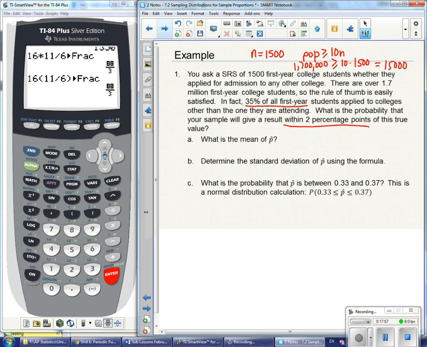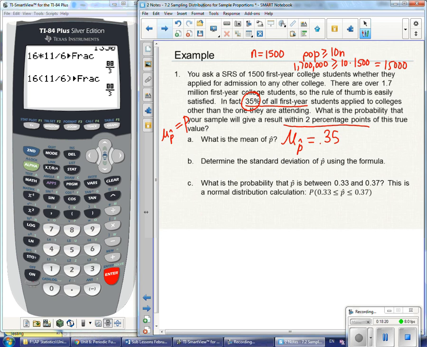So what would be the mean of p hat? We said in the formula that the mean of p hat is equivalent to the population proportion. So what's the population proportion? In this case, it's going to be that 35%. It's what we're given. So the mean of p hat, that's the sampling distribution mean, is going to be 0.35. And remember, when I'm dealing with proportions, I don't need units.